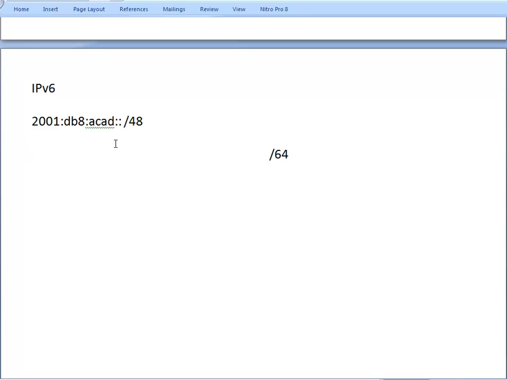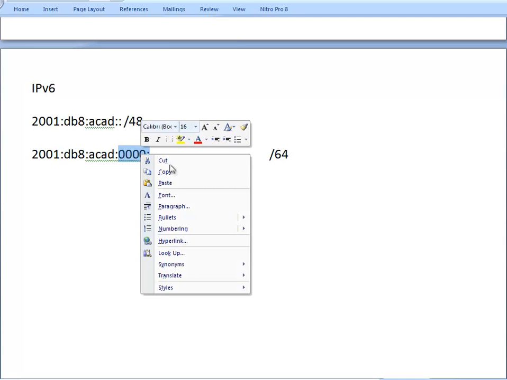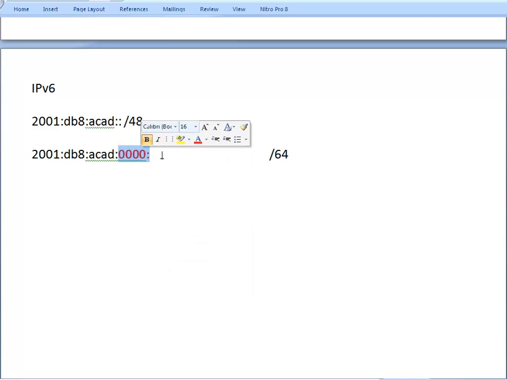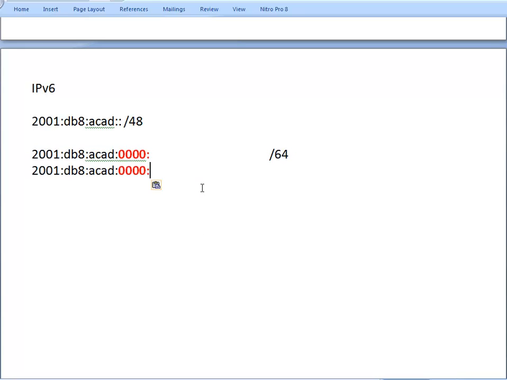So there's another hex set available for you. 2001 DB8 ACAD are given to you. Now there's one more hex set available for you. For example, 0000, that's your first subnet that you can create. The next one will be 1, the next one after that will be 2, and so on.